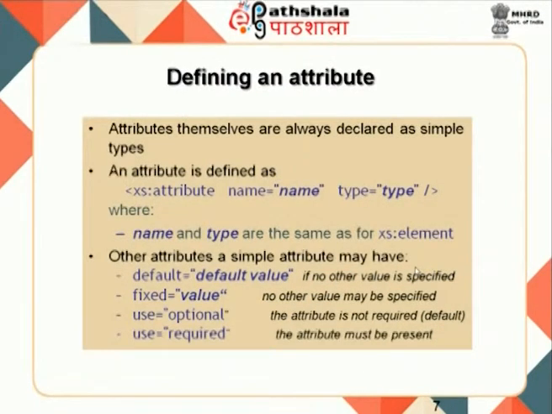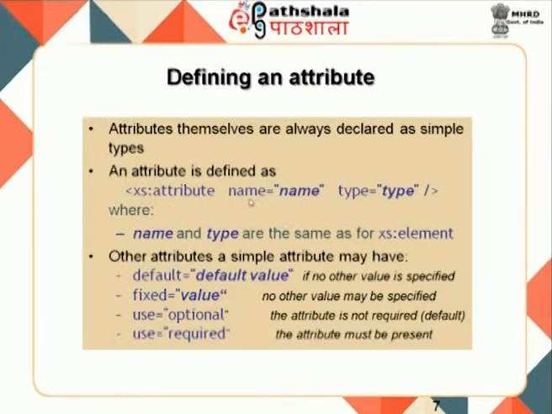How do we define an attribute? Attributes themselves are always declared as simple types. So when you want to define an attribute, you specify the tag as an attribute tag, qualified with xs. Basic elements are defined with the element tag, and attributes are defined with the attribute tag.